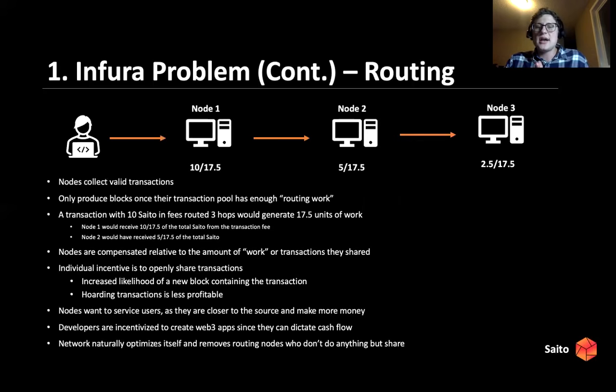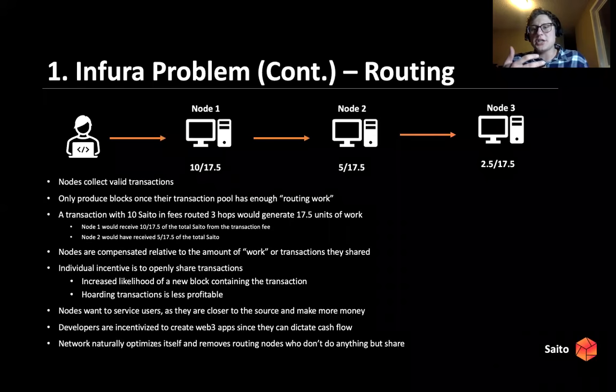With this routing mechanism, we've aligned the incentives so that the individual incentive is the same as the communal incentive. It is in my best interest to share data with the different nodes and participants in the Saito network, because it increases the likelihood that it will reach a block and get posted in a block.